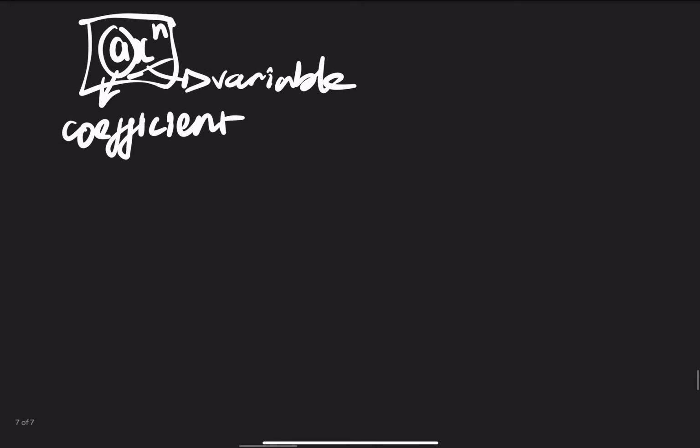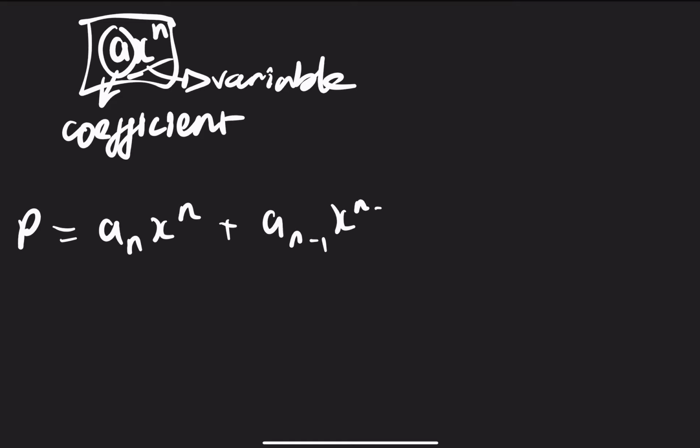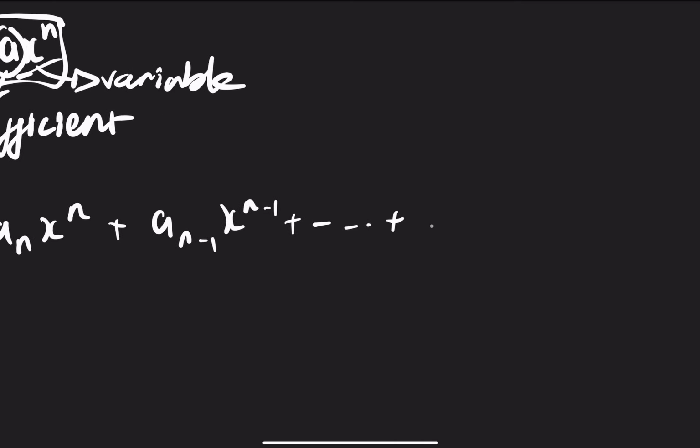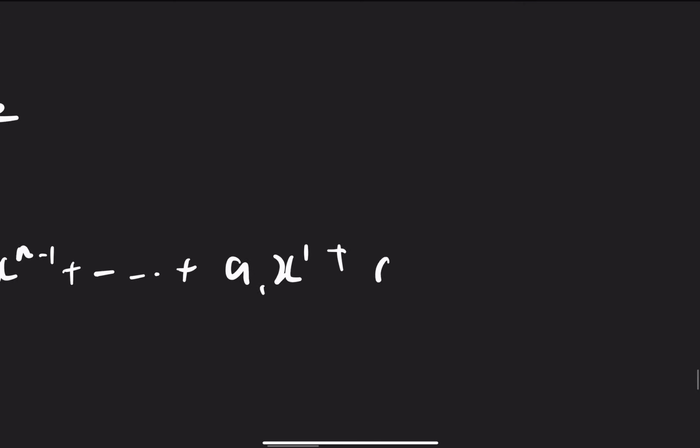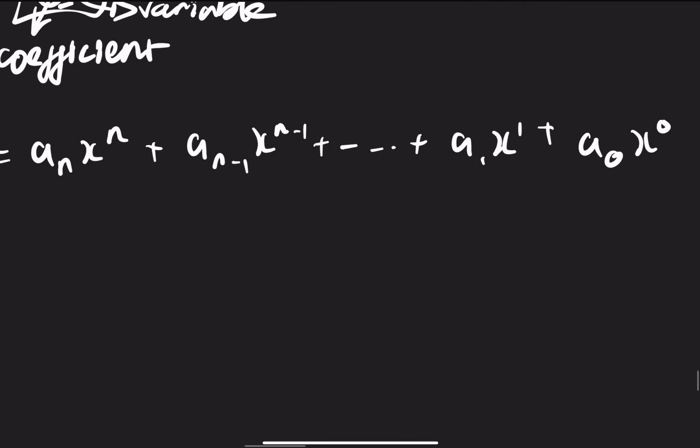So the general formula for a polynomial, if we call a polynomial p, is: p equals a sub n x to the power of n, plus a sub n minus 1 x to the power of n minus 1, plus ... plus a sub 1 x to the power of 1, plus a sub 0 x to the power of 0. So yeah, now let's just unpack this formula a bit.